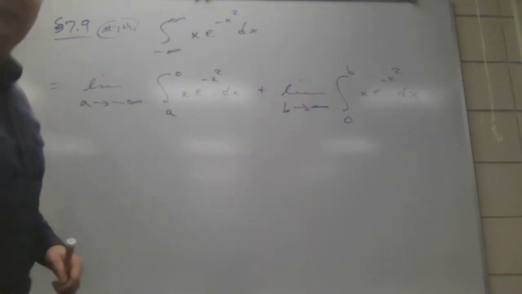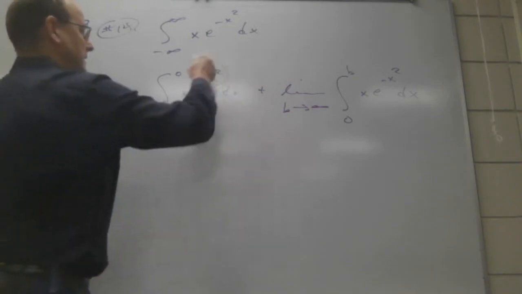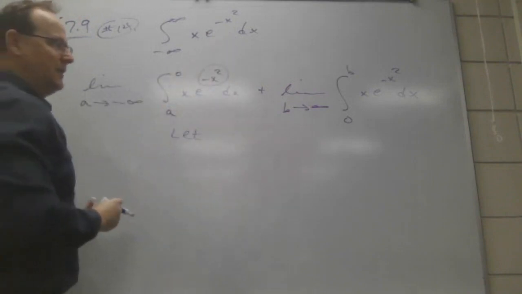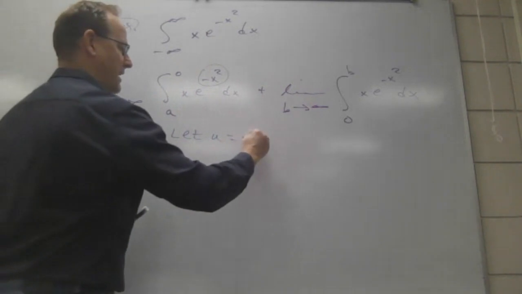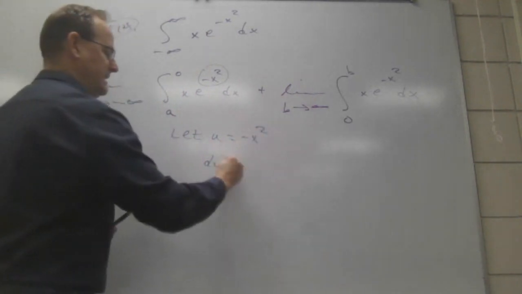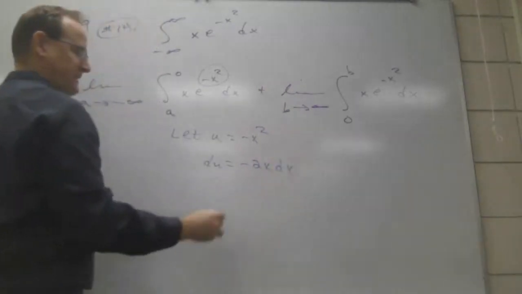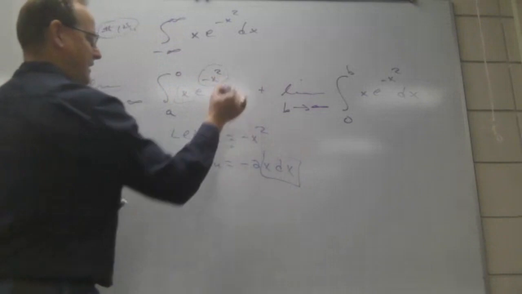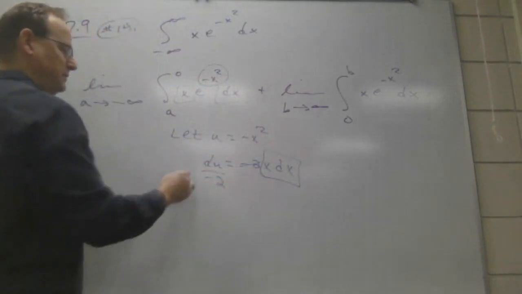So the way we do this is going to be easiest to say, hey, let's let u, instead of e to an awkward function, we're going to just let it be e to the u. So let u equal minus x squared, and then du is going to be minus 2x dx. Notice that we have x dx that I can replace with du over minus 2.